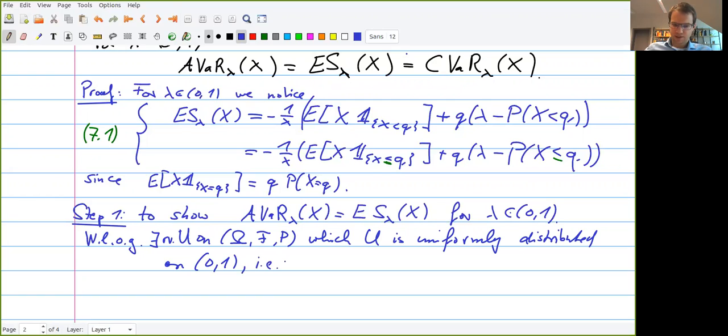This means the probability of U being less than little u is exactly little u for all u in [0, 1]. This is just what uniformly distributed means.